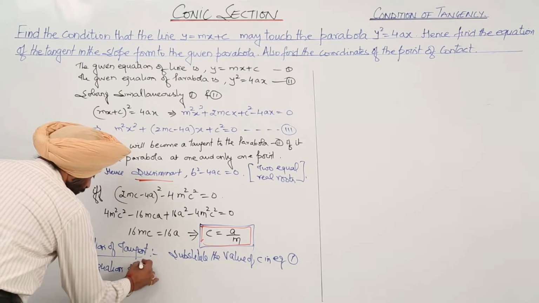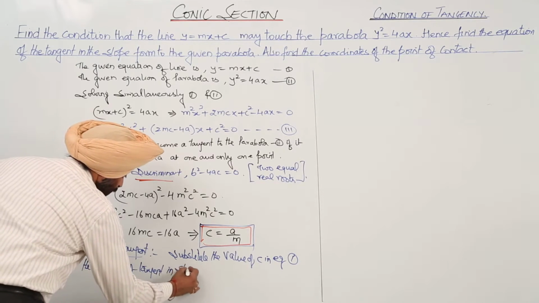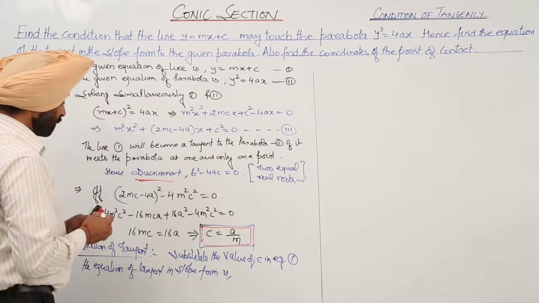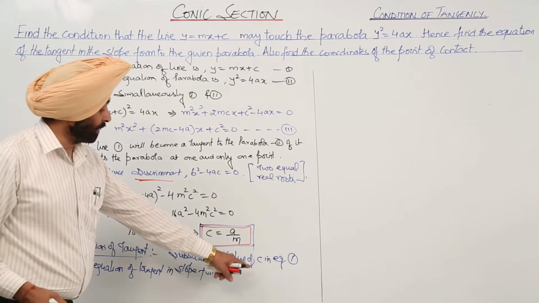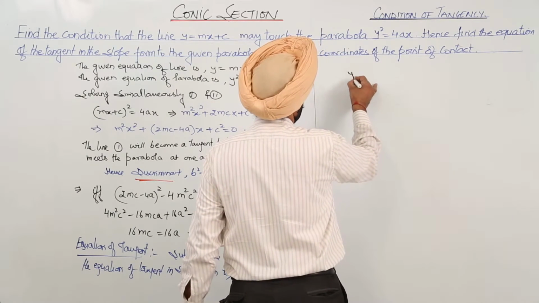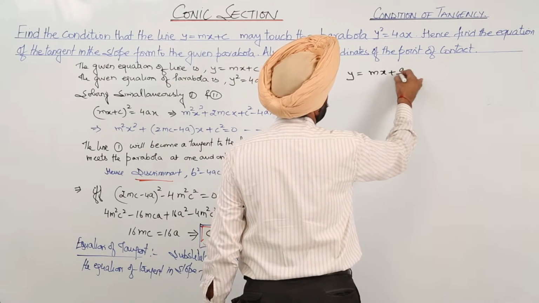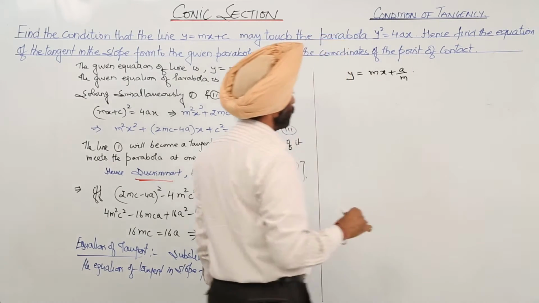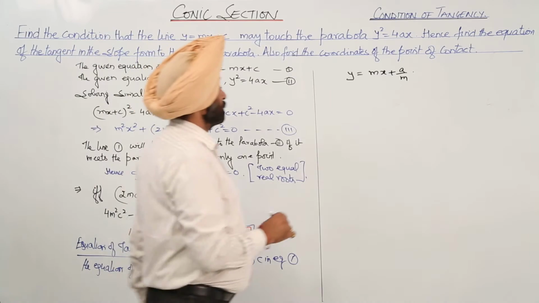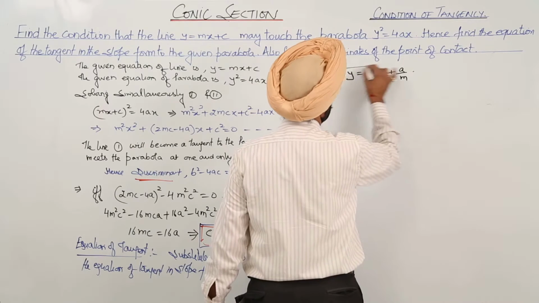The equation of tangent in slope form is y is equal to mx as it is plus c, that is y is equal to mx plus a upon m. Now this is one thing.